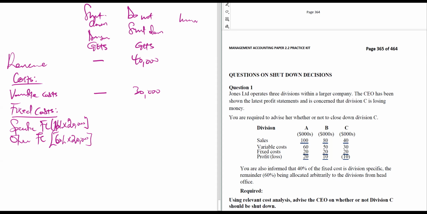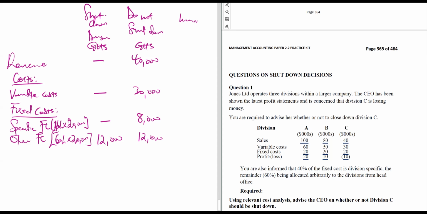So it means that if we decide to shut down, do we have any specific fixed costs? No. Why? Because those fixed costs are specific to the division. But if we do not shut down, that specific fixed cost of 8,000 will still be there, right? If we shut down, the other fixed costs will still be there also. If we do not shut down, it is still going to be there, making it irrelevant, but it will still be there.